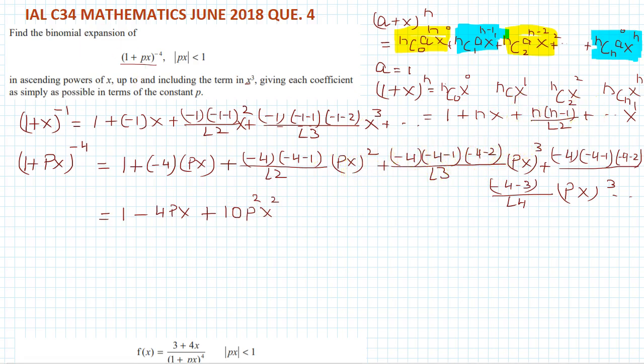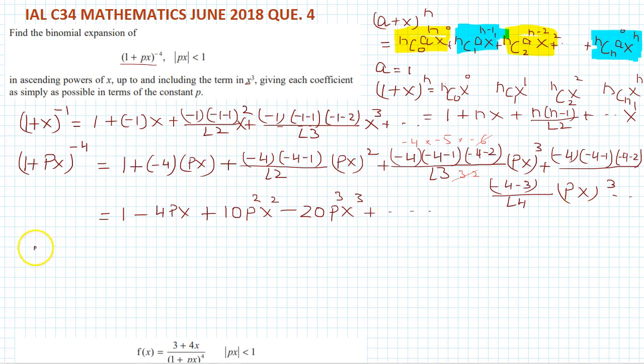Now this is minus 4, this is minus 5, and this one is minus 6, divided by 3 times 2 times 1, the 3 and 2 cancel, and the negative makes it negative, 5 times 4 is 20, p cubed x cubed.